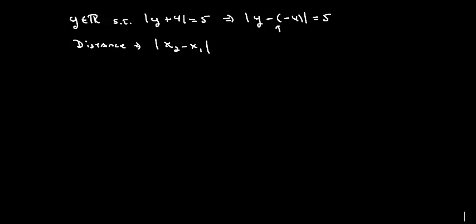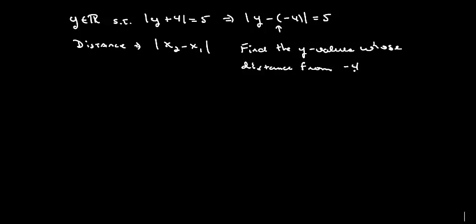And so again, what this says is find the y value, or values, whose distance from the value -4 is 5 units.